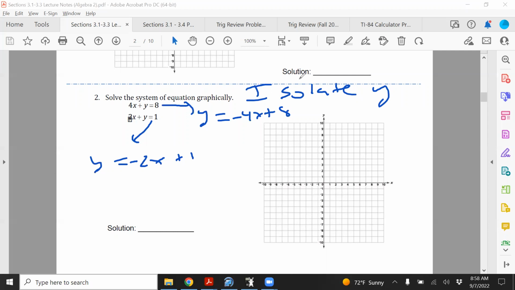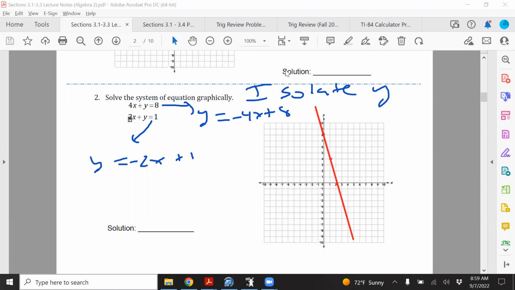Let's change colors. Let's go 8. And if I plug in 1, I get 4. Plug in 2, I get 0. Let's do a straight line. And let's adjust that just a tad. There we go.